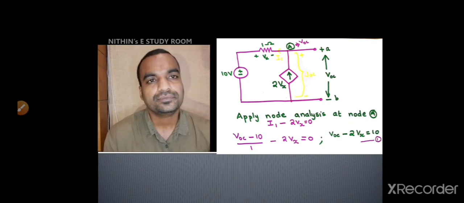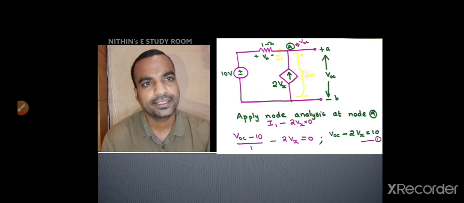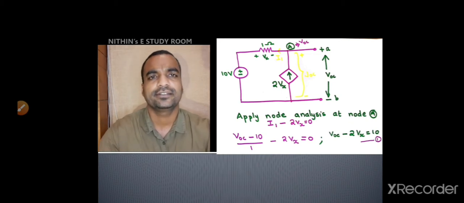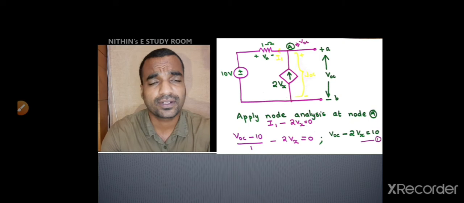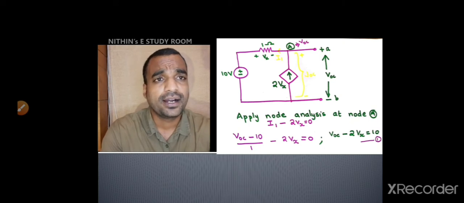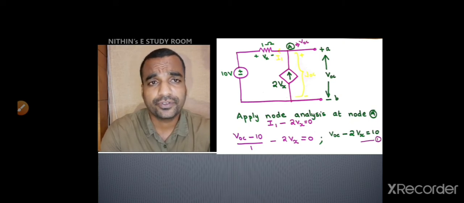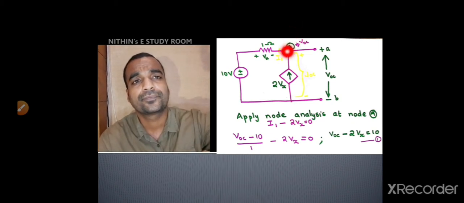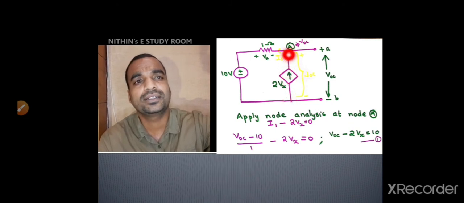Okay. Now I am going to apply node analysis. I think you remember the node analysis. It is somewhat related to KCL. And node A is marked in the figure. So for node analysis, we can see in this point of node A, the 2Vx is a current that is coming towards the node.